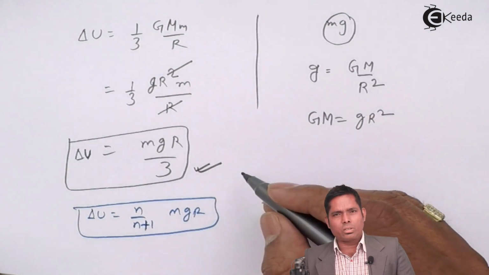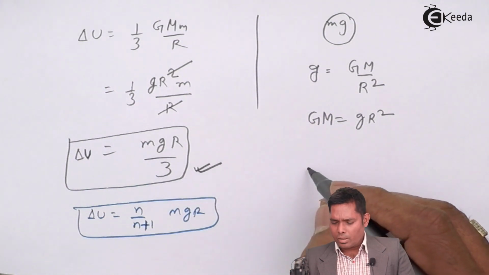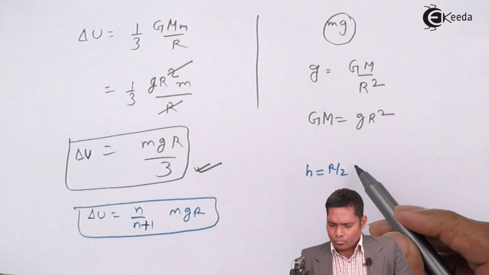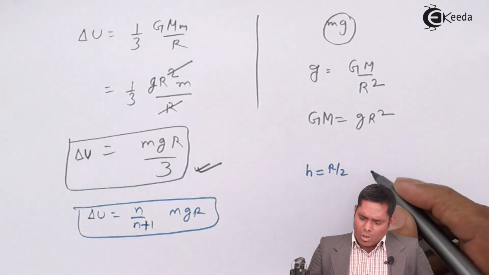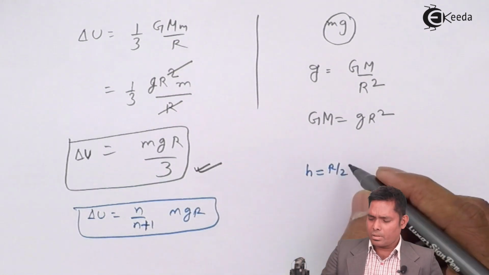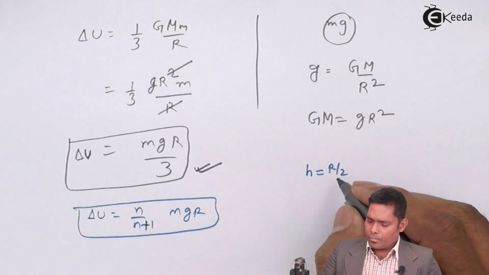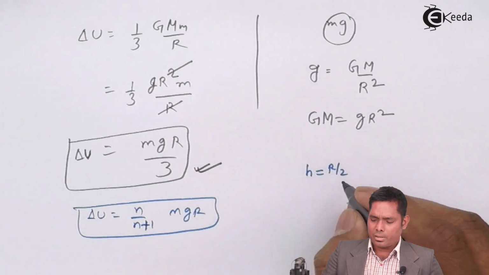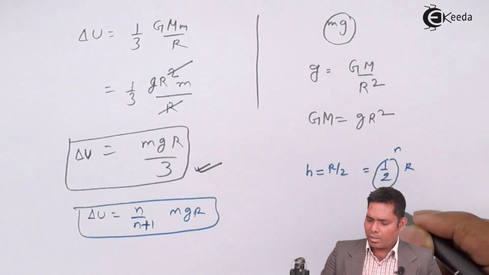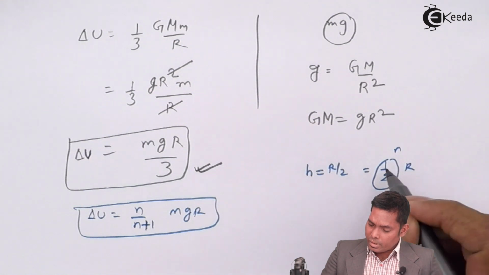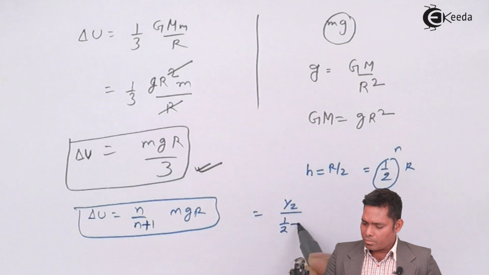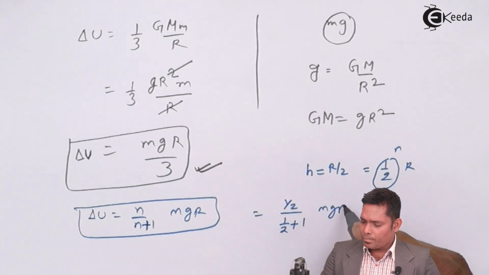If the object in this situation is taken to height equal to R by 2, how far it is taken, this h, is how many times the radius of the Earth. Basically the height is how many times the radius. Now half R is half times the radius, so this is your n. If you consider this as your n and substitute here, you get half divided by half plus 1 times m g R.